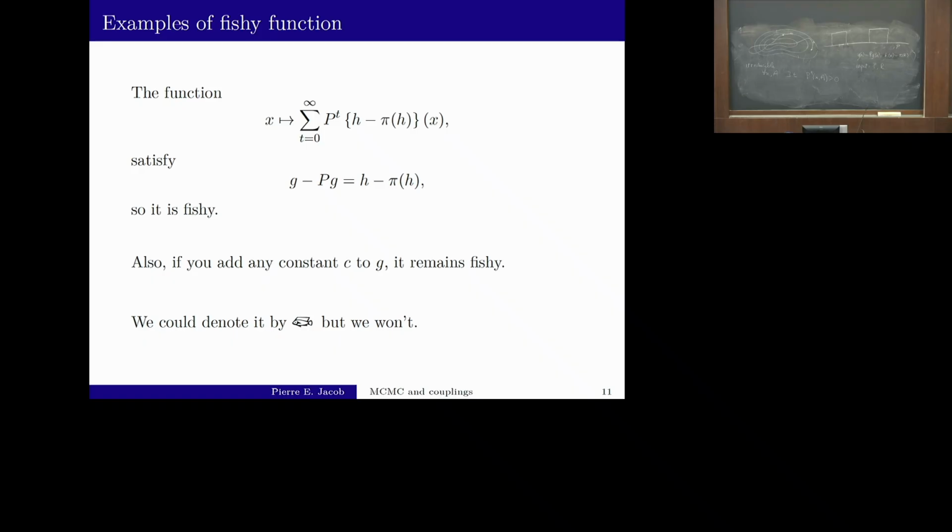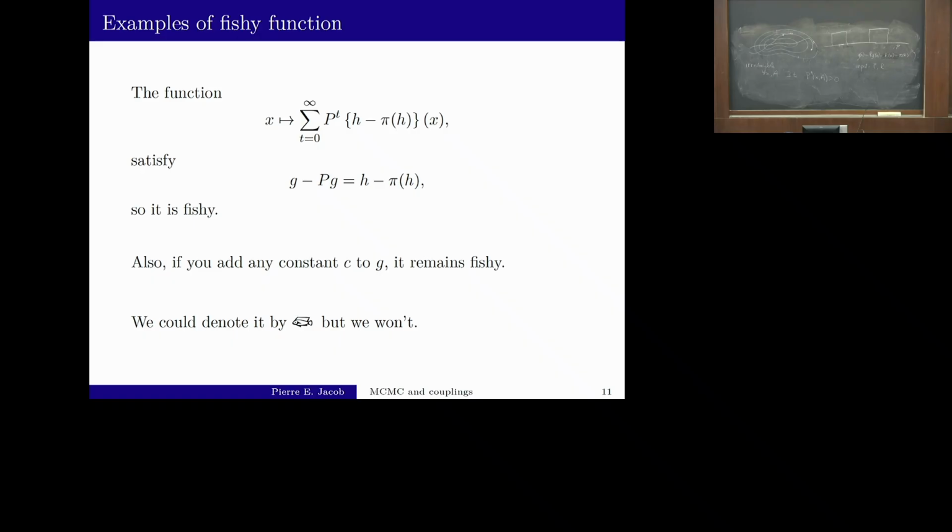PG, what is it? So P times this. You put the P inside the sum. We're doing things with our hands here, right? Everything is possible. Everything is allowed. So we put P inside. So P to the T becomes P to the T plus 1. Right? So that means that if we do G minus PG, we have a sum that starts at 0 minus a sum which we can reparameterize to start at 1.